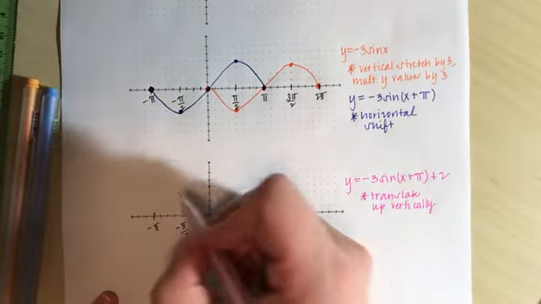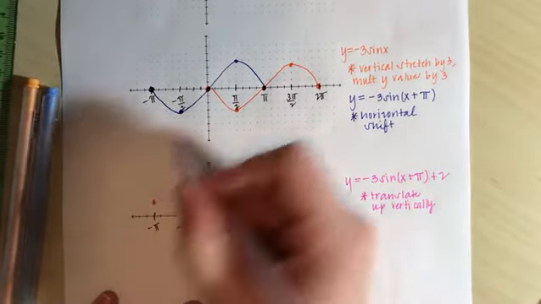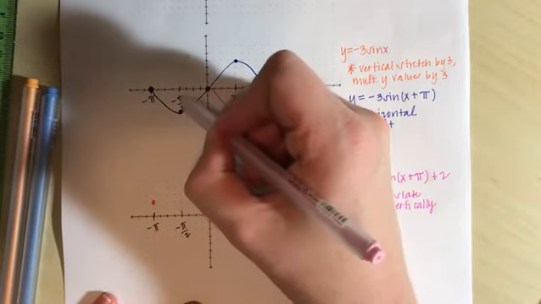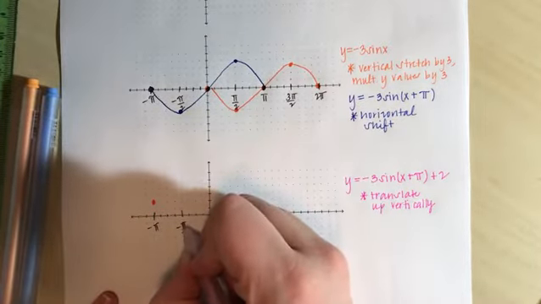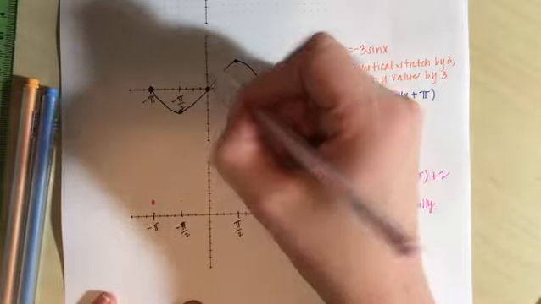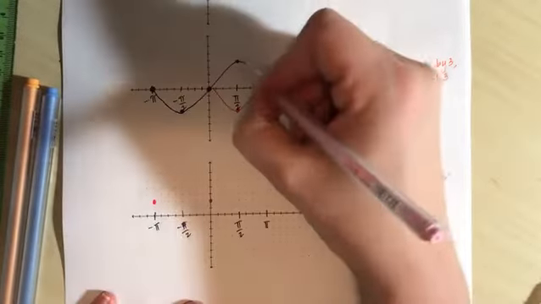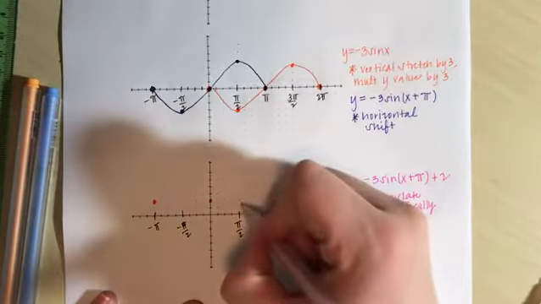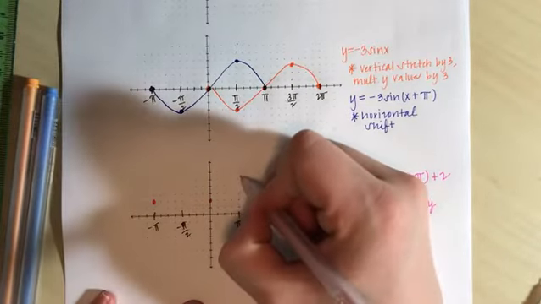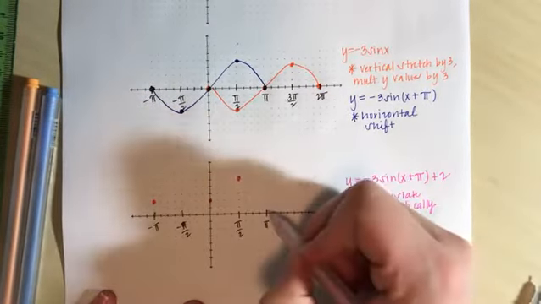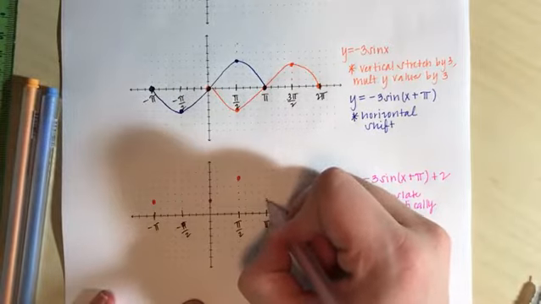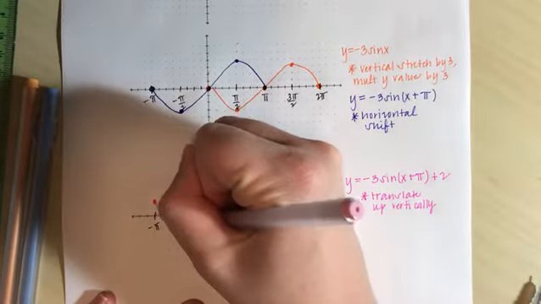If I move it up 2 units, well now it's at 2. This guy's down at negative 3, so if I move up 2, I'm going to be at negative 1. This 0 goes up 2 to 2. This is at 3, so it's going to go up to 5. So I'm at 1, 2, 3, 4, 5. And then my pi value is at 0, so it's going to go up to 2. So then I can connect the pink dots here.